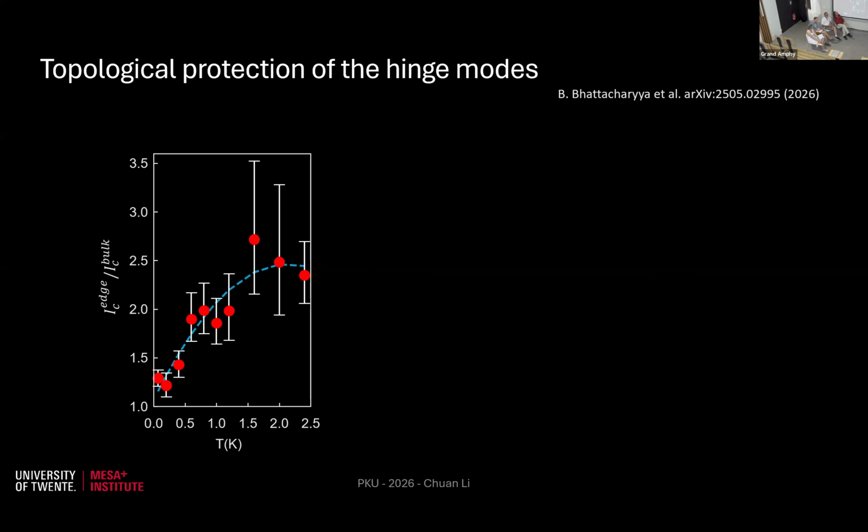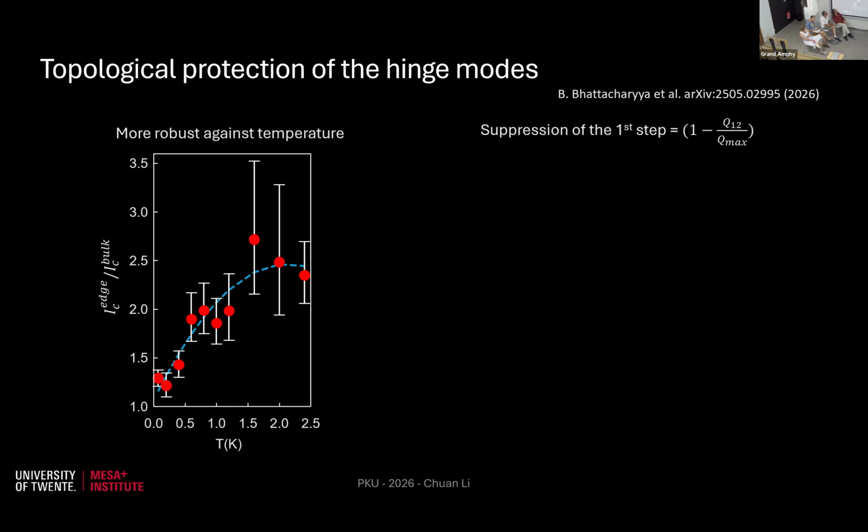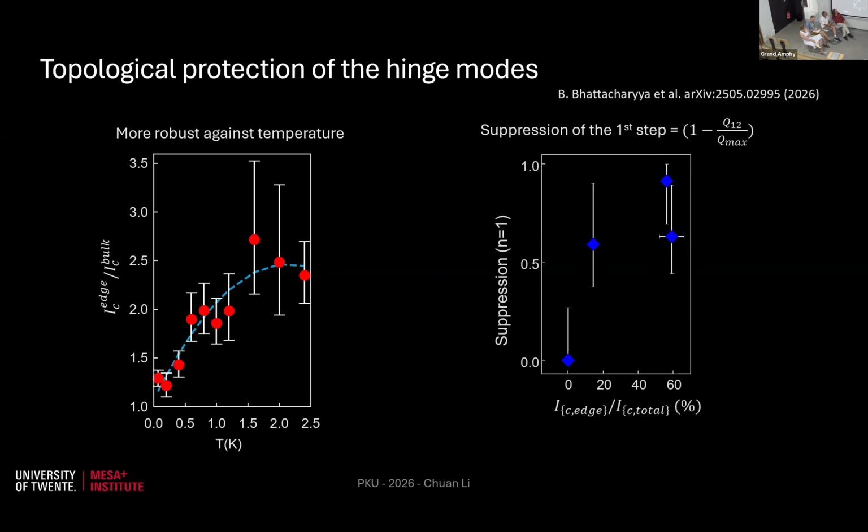And here, we made a small improvement. I would say again, it's not a qualitative step, but it's a small improvement in the measurement: we show there is a correlation between the presence of the edge states and the 4 pi signal.